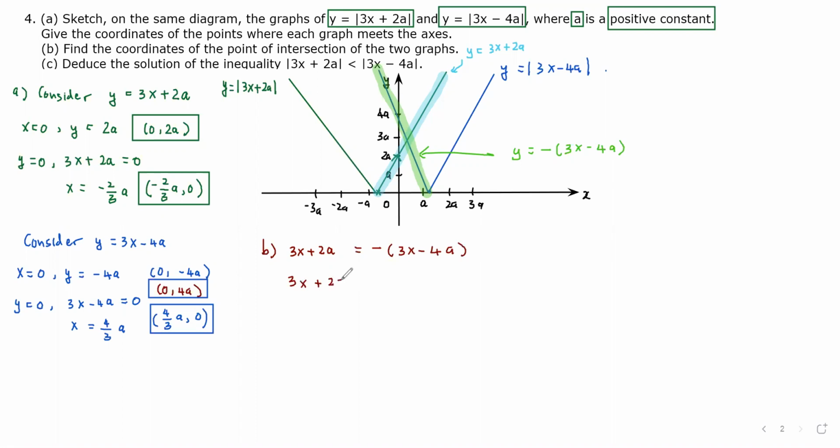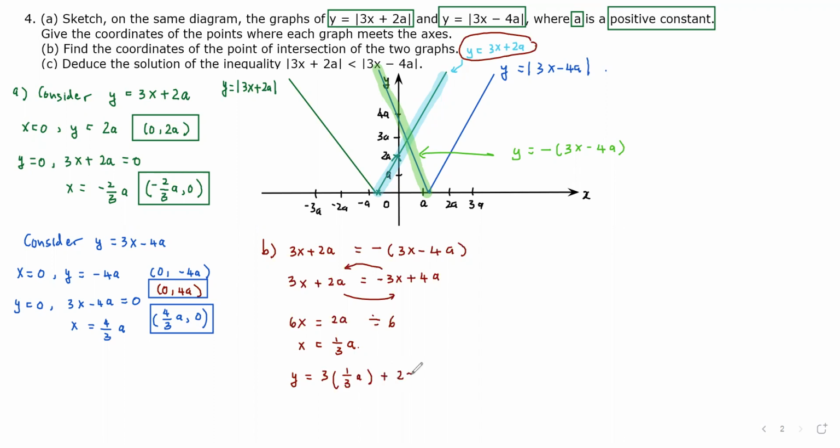So that 3x plus 2a is negative 3x plus 4a. Rearrange this, and we have 6x equals 2a. Dividing throughout by 6, x is 1/3 a. So you have x equals 1/3 a, and we need to find the y coordinate. We just substitute into this part. y is 3x, x is 1/3 a, plus 2a.